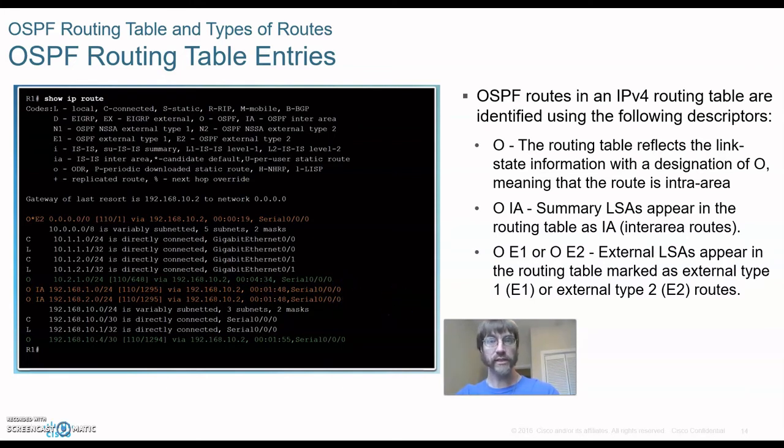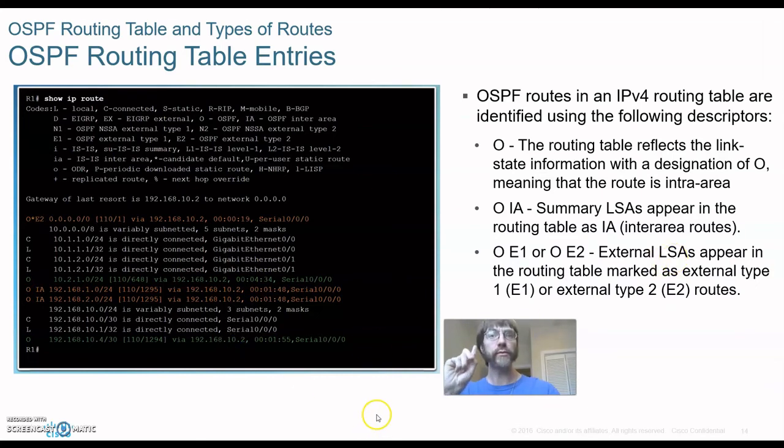The orange ones, the IAs, actually stand for inter-area, not intra-area. Inter from the Latin between, intra for the Latin within. And then of course we've got our E2 route here. This is an external type 1 or external type 2 route.